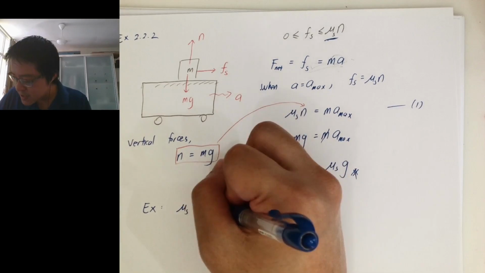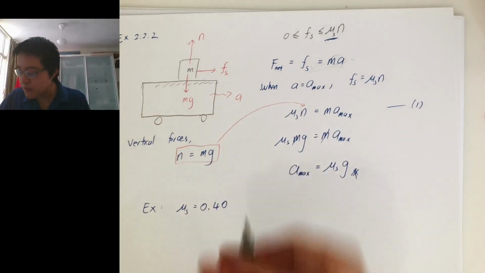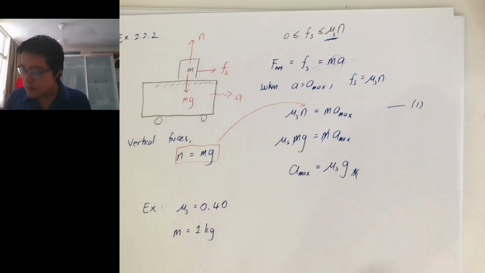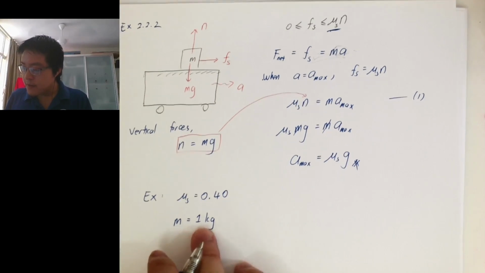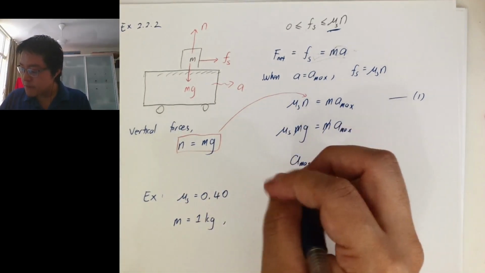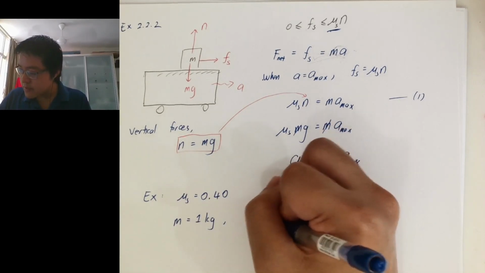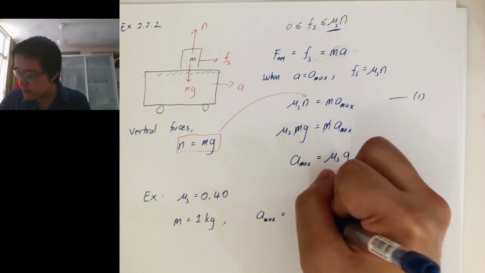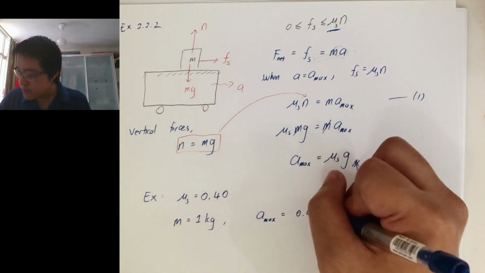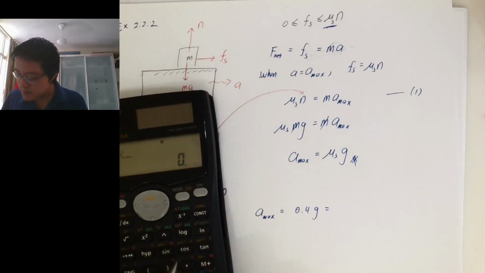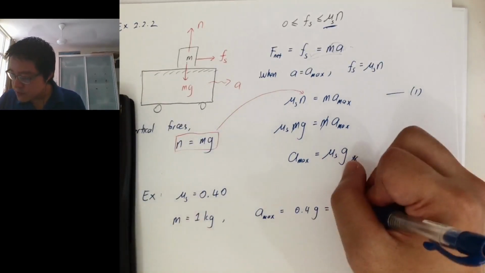Let's say mu_s is 0.4, and this box is 1 kg. Let's calculate my maximum acceleration. From here, my maximum acceleration is going to be 0.4 times g, so 0.4 times 9.8. So we got 3.92.